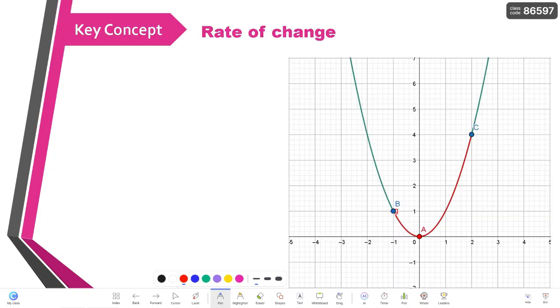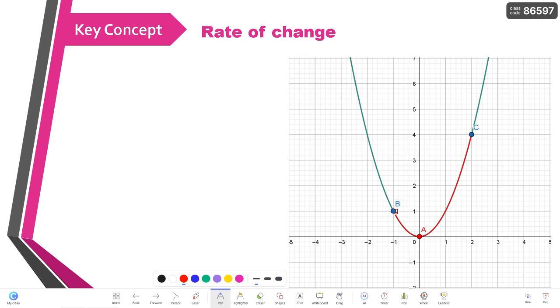Another point that we need to understand about the quadratic function is the rate of change. If you are asked to find the rate of change over a specific interval, you must be given the boundaries of this interval. In the given example, we have a parabola with two colors. The green looks like the normal one, and the red section is a specific part.